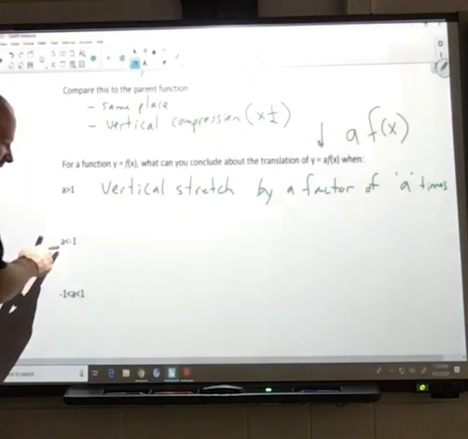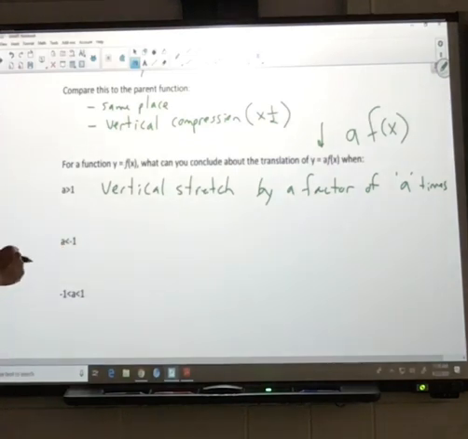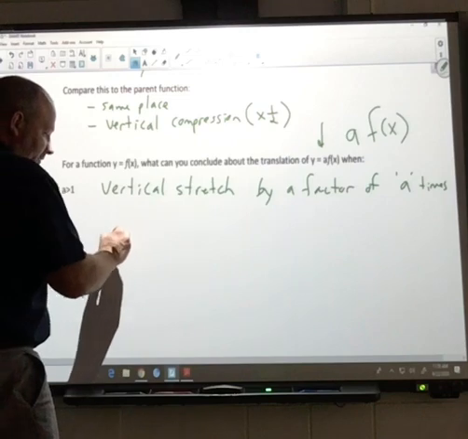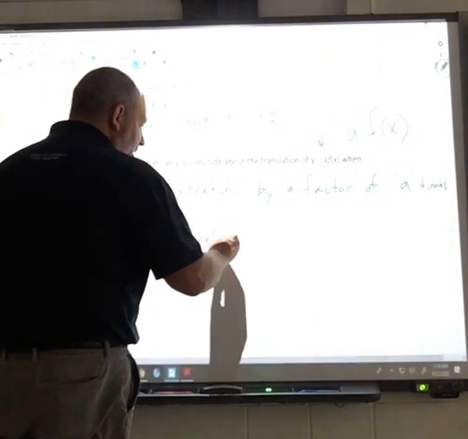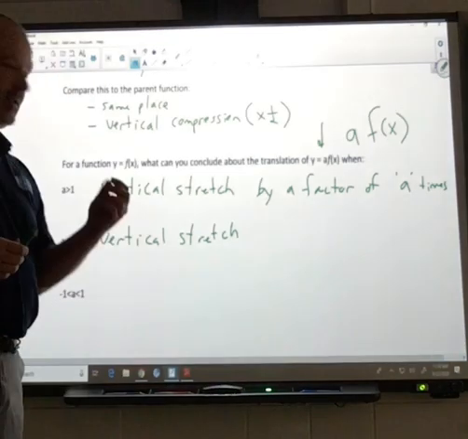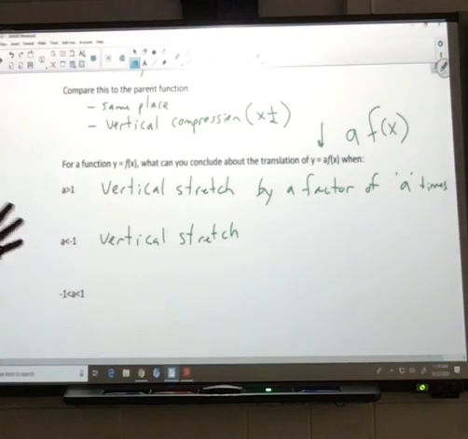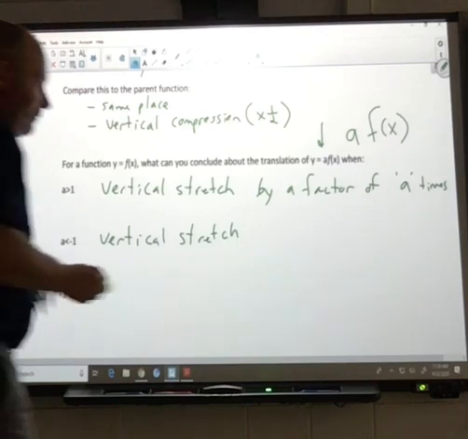Okay? If my a value is less than -1, which means it's like the -3, that's also going to be a vertical stretch. So as long as the number part is bigger than 1, it's going to be a stretch because it's going to multiply the y values by a number bigger than 1, which means it's going to stretch it vertically. Okay?